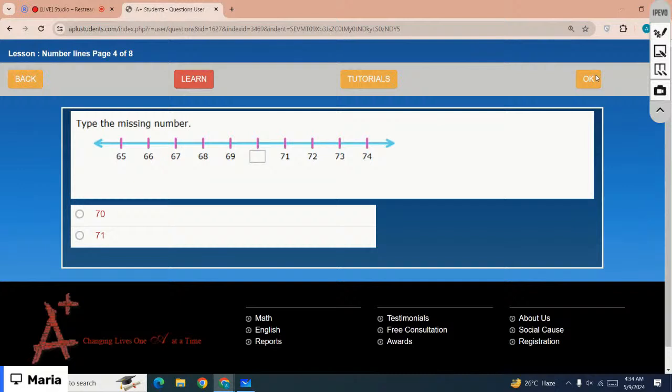Type the missing number. So which number is missing? That would be 70.